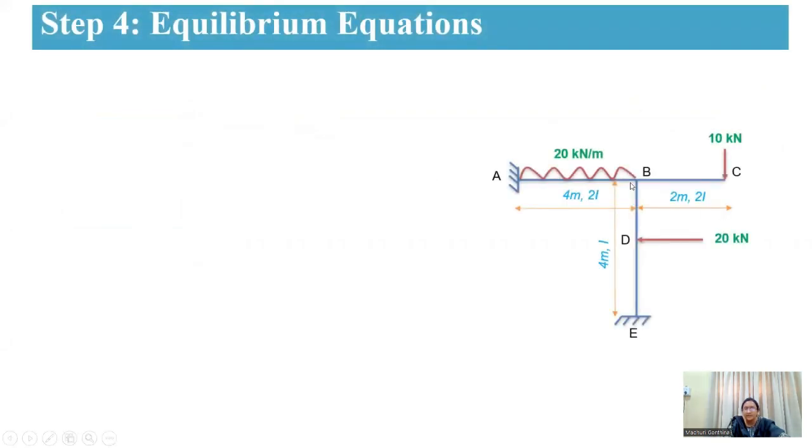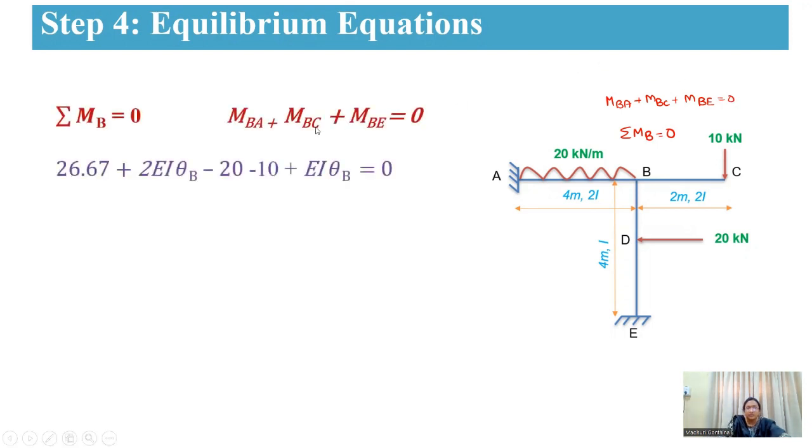So for this frame, as you have only one joint, that is the B joint, here it will be sigma MB equal to 0. That means MBA moment plus MBC moment plus MBE moment should be equal to 0. So MBA plus MBC plus MBE will be equal to 0.